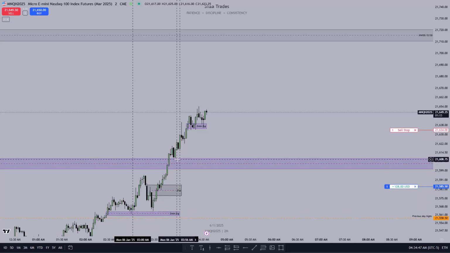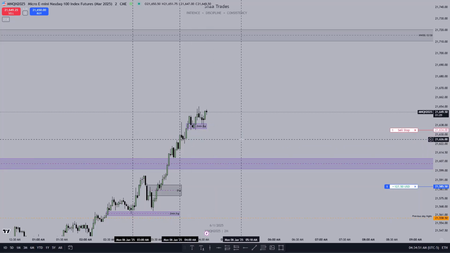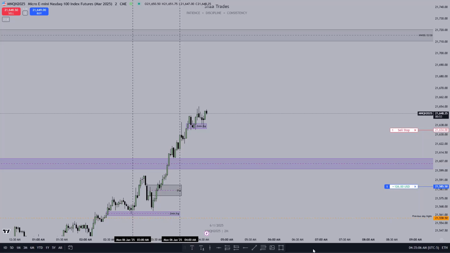I put it here, I put it here, here, and now I have it here. So it wants to knock me out, use me as liquidity, and then rally. Okay, that's fine. And when you're already in profit, when you're a runner, you just have to manage your trade at that point.